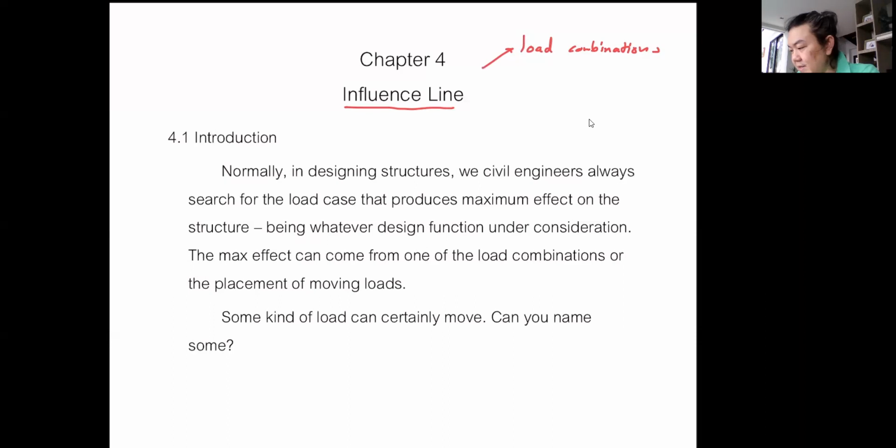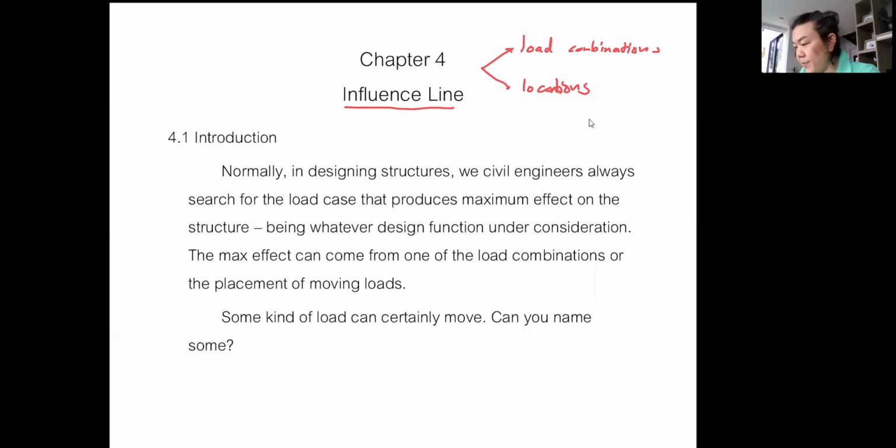The second is the locations, because some of the loads do move. So you need to find the locations for the loads to see which locations of the loads that you place on the structure will give you the worst case scenario.